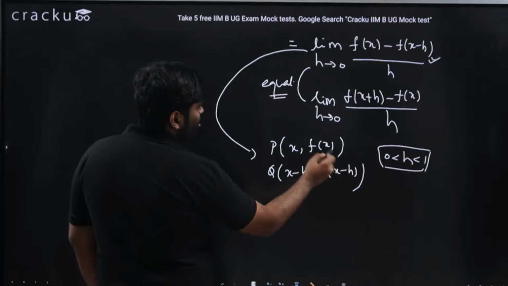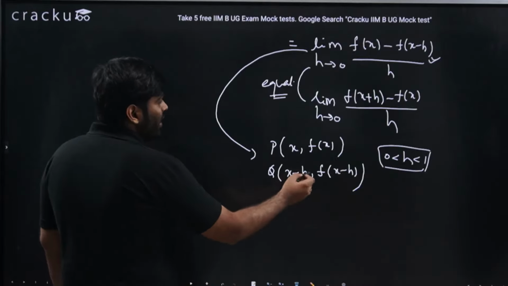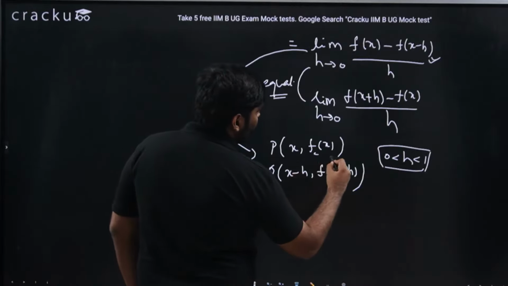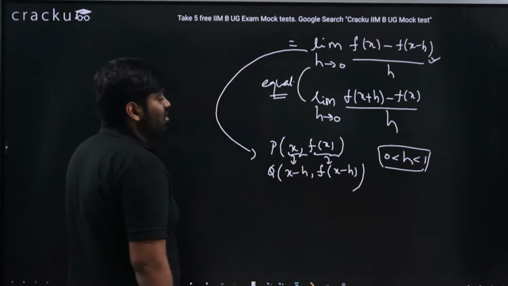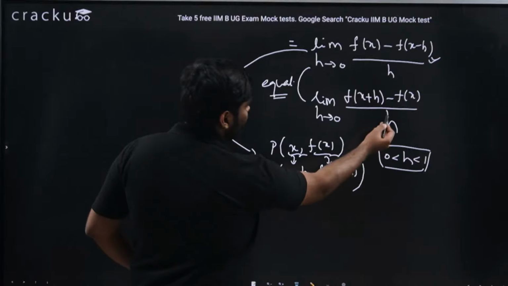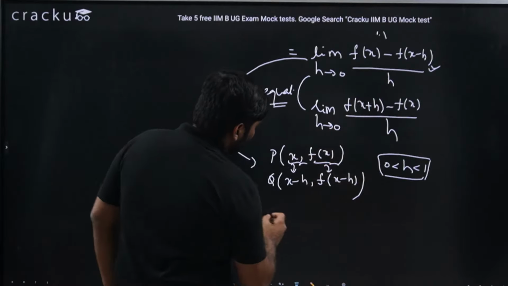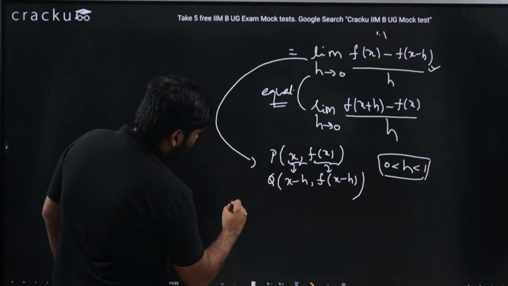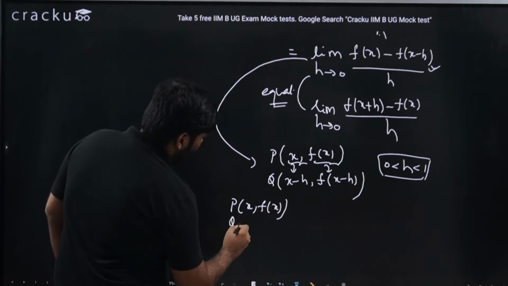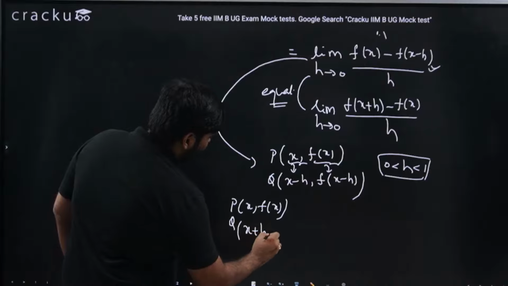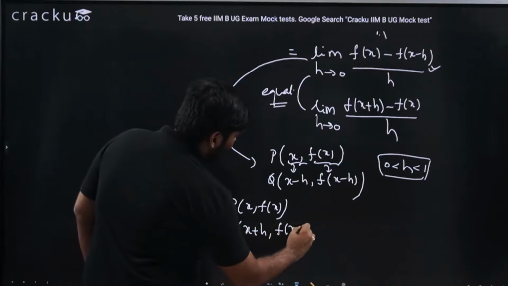Here we are seeing the change in the value of y, that is f of x minus f of x minus h, when it is moving from x to x minus h. So you can check for these both points, or you can also check for p, x comma f of x, and q being x plus h comma f of x plus h. Aren't these both equivalent?